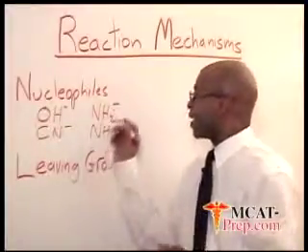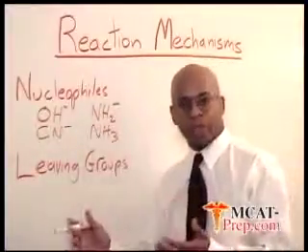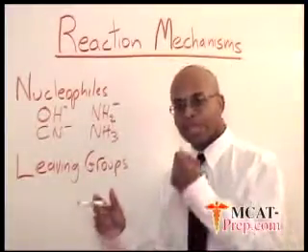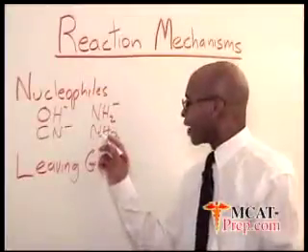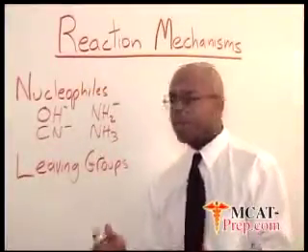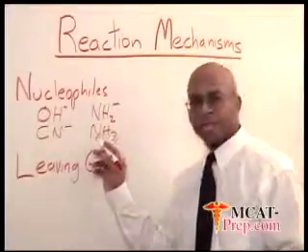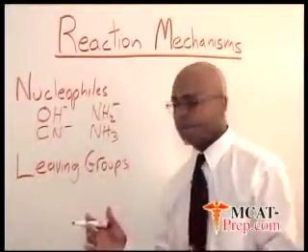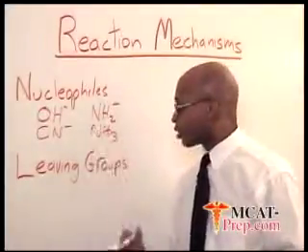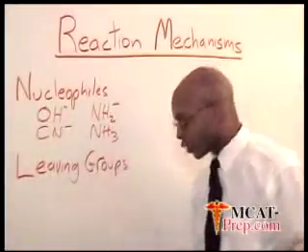But nonetheless, NH3 is still a reasonably good nucleophile, but NH2- would be stronger because it has a formal negative charge, whereas in NH3, the nitrogen would just have a partial negative charge because nitrogen is to the right of hydrogen in the periodic table. Nitrogen, of course, has a lone pair of electrons, a free lone pair of electrons.